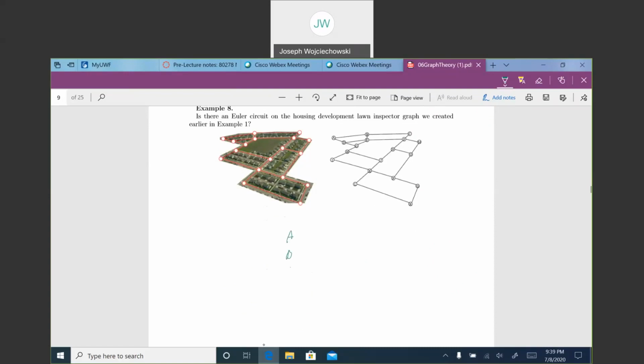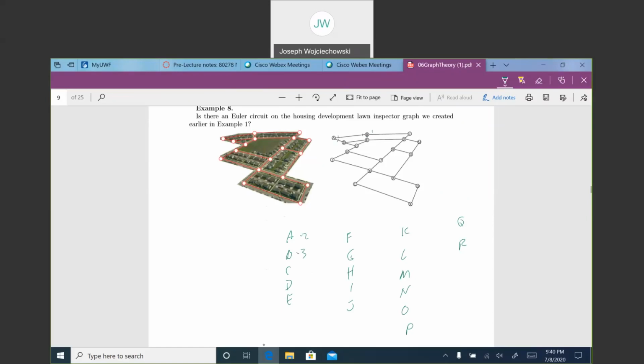A, B, C, D, E, F, G, H, I, J, K, L, M, N, O, Q, R. So here's A, 2. Here's B, 1, 2, 3.